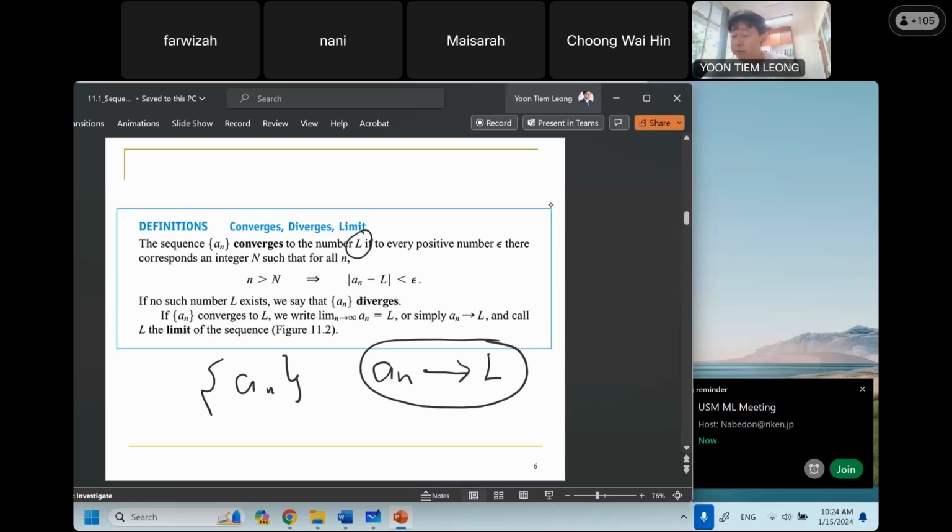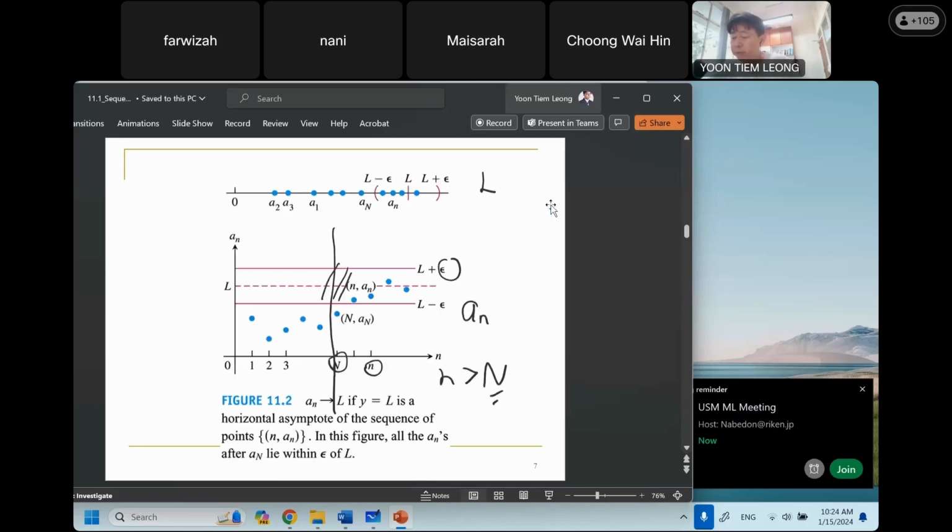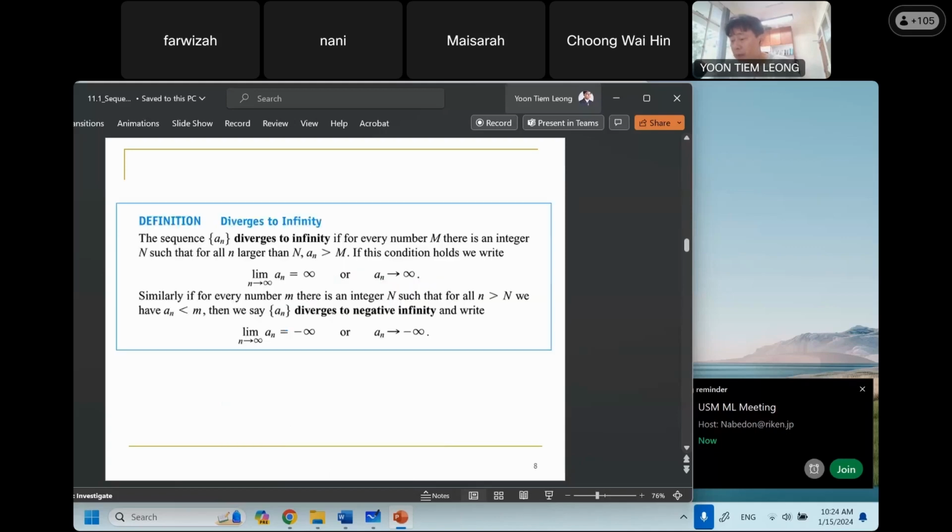If a sequence converges, then there exists an L for which, when n is larger than a certain value of N, the a_n is always sandwiched between L plus epsilon and L minus epsilon.